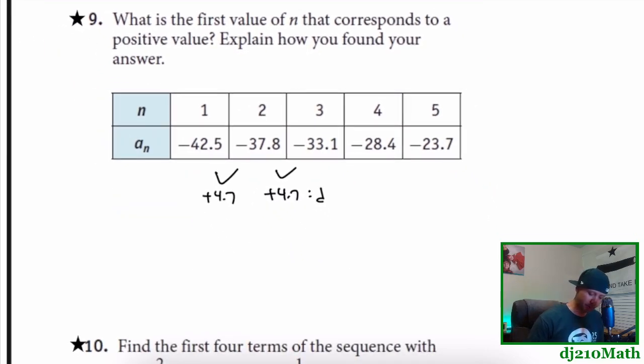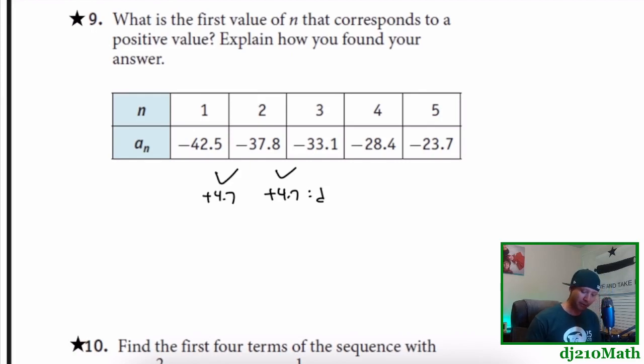We want to do this so that we're looking for an a sub n. So the first positive one, so bigger than 0. Explain how you found your answer.